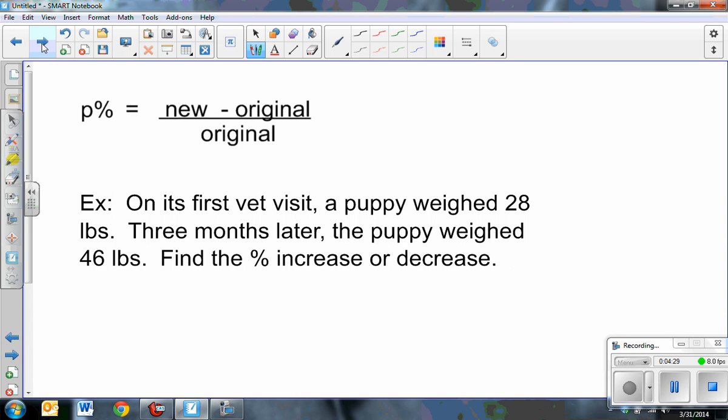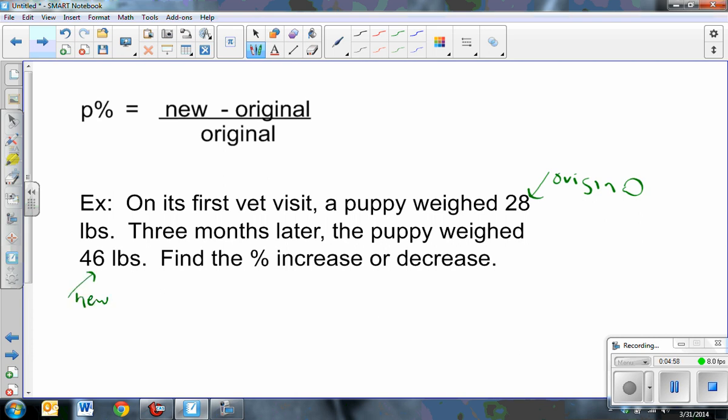So on his first vet visit, a puppy weighed 28 pounds. Okay, 3 months later, the puppy weighed 46. Find the percent increase or decrease. Okay, well, which is the original amount? Is it the 46 or the 28? You see how it's the 28 is the original? And then the new is the 46.